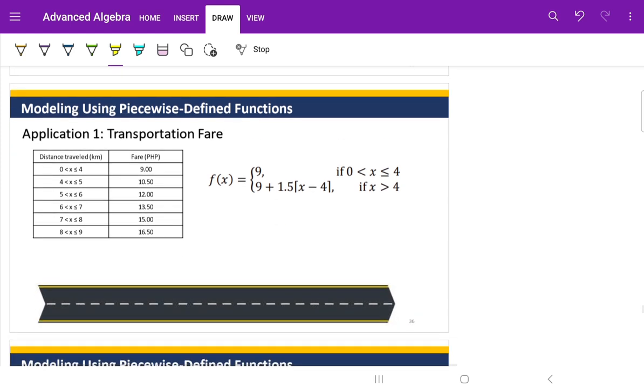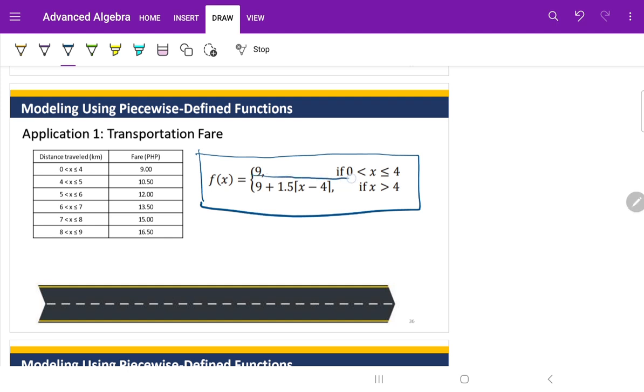Now we can rewrite the given step function model into another form of a piecewise defined function given as follows. In this function, there are two different values for f of x. f of x is equal to 9 if x is between 0 to 4.